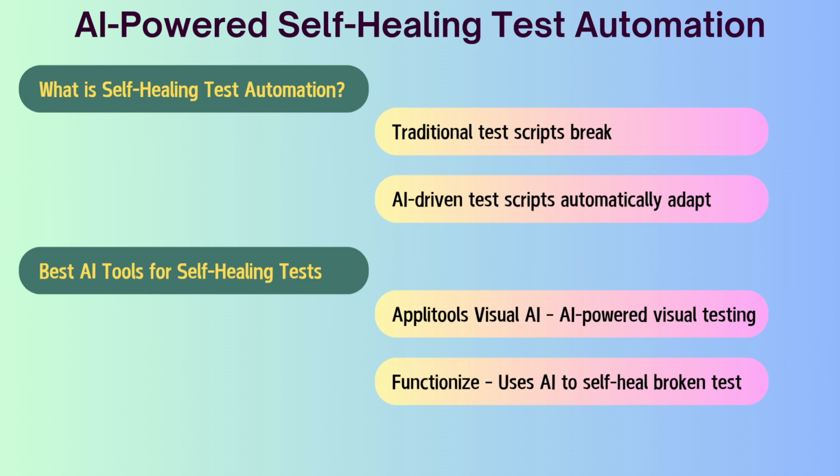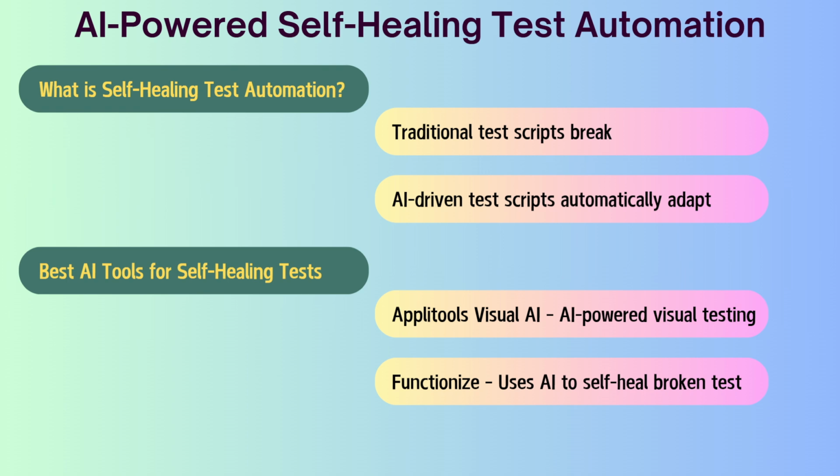Traditional test scripts break when the UI changes, like buttons or XPath changing, while AI-driven test scripts automatically adapt to the UI changes by detecting alternative locators.